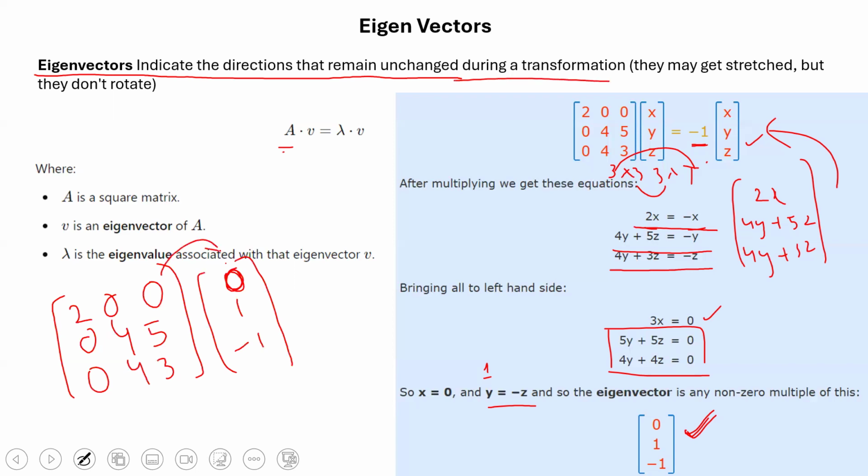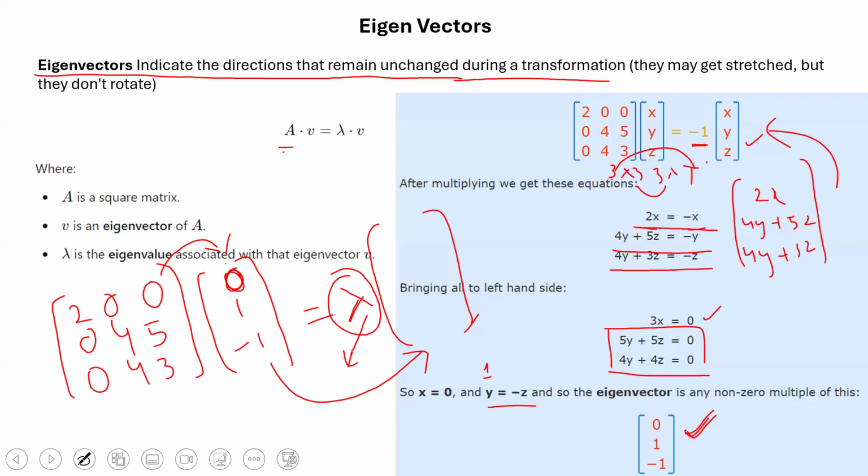The result will be a vector whose direction is always equal to the direction of the eigenvector, but you have a parameter called the eigenvalue, which is the stretch parameter and tells you whether the resultant vector gets stretched or compressed.